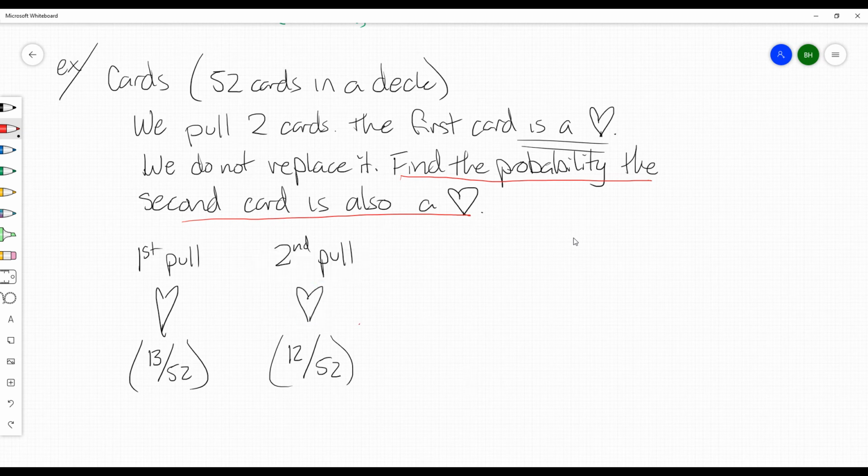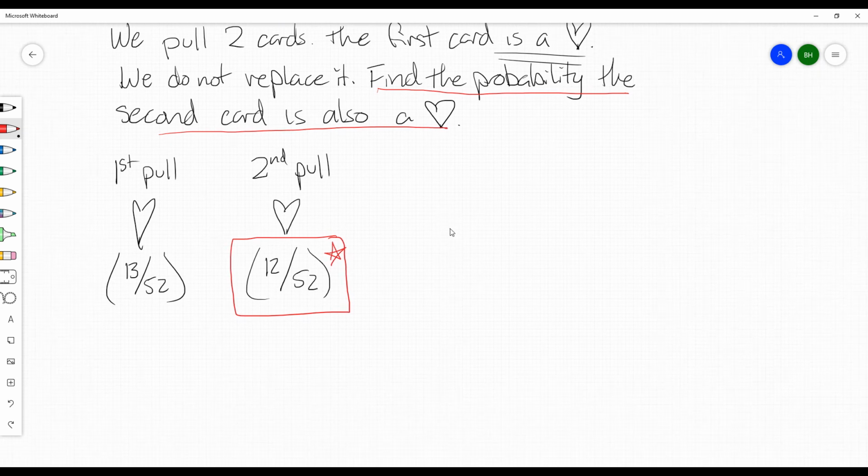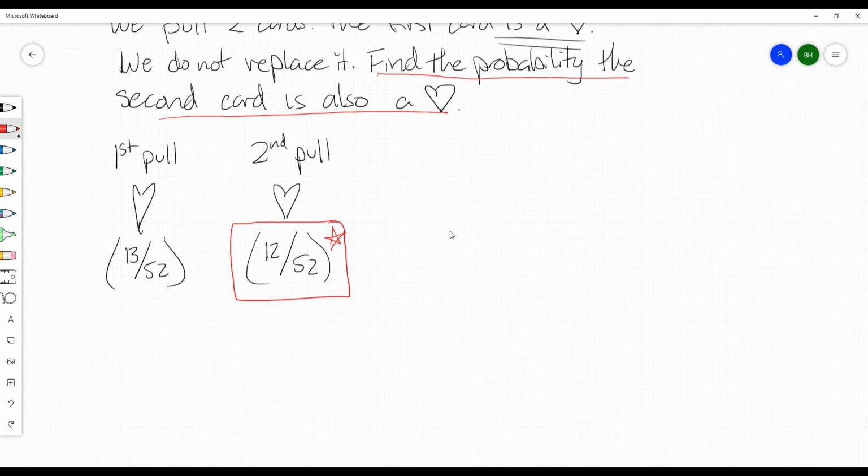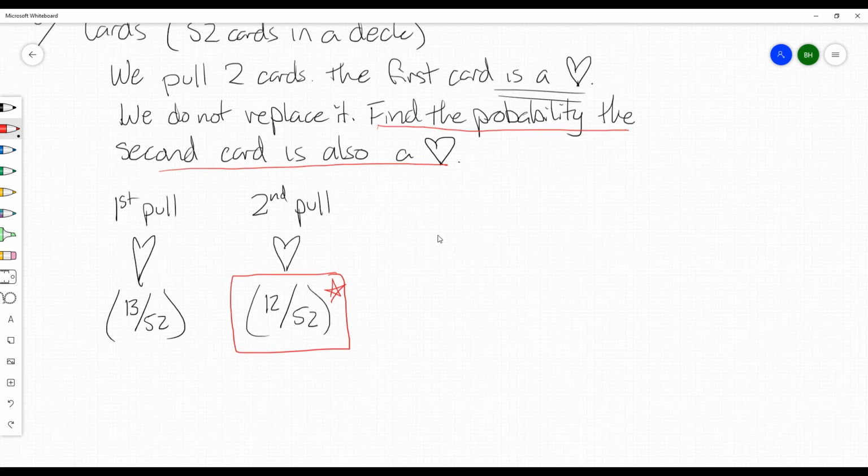So in this case, the probability that the second card is a heart would just be this. You don't need to think into the problem a little bit. This question, the second pull is a heart, is easily answered just by looking at what you'd already done in the problem. And actually, I made a mistake here again too. Because we already pulled one out and we don't replace it, there's only 51 cards left.